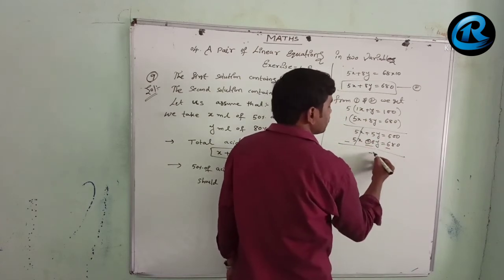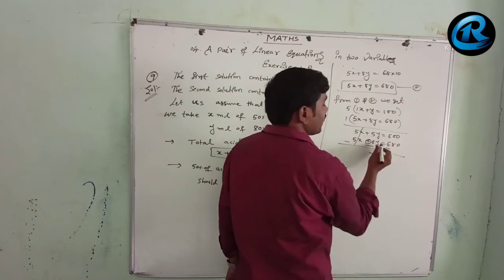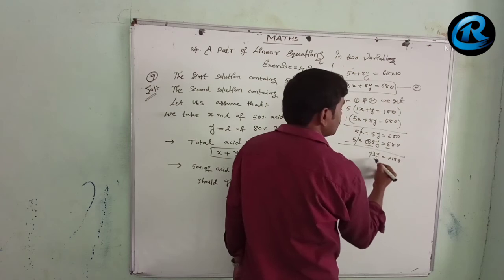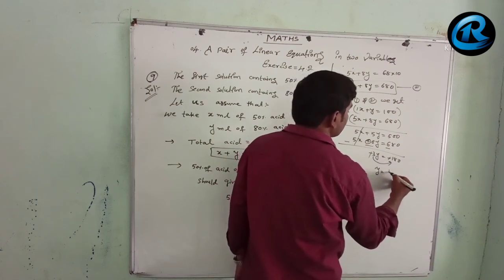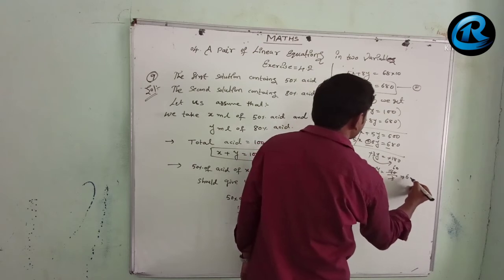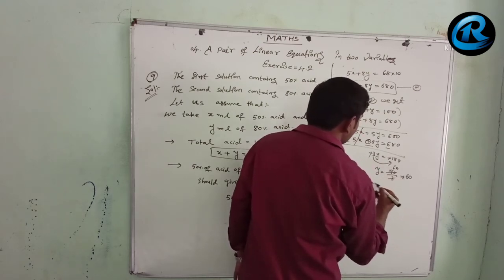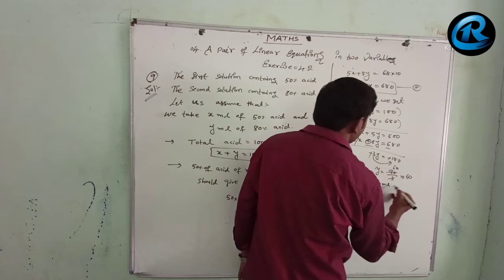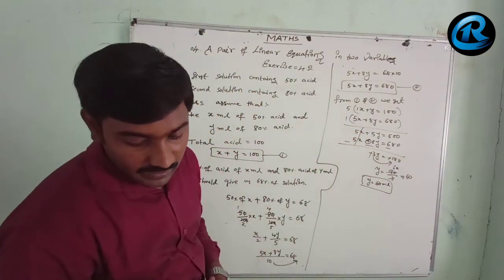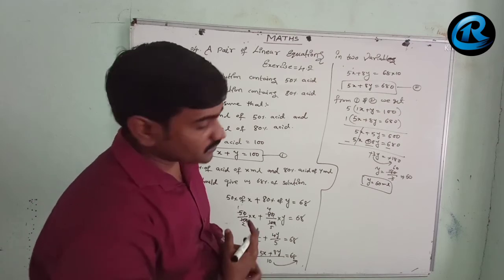We cancel the 5x both. Here 5 minus 8 is minus 3y equal to minus 180. This 3 will transfer to this side. y equal to 180 by 3, that equals 60. So y equal to 60 ml.